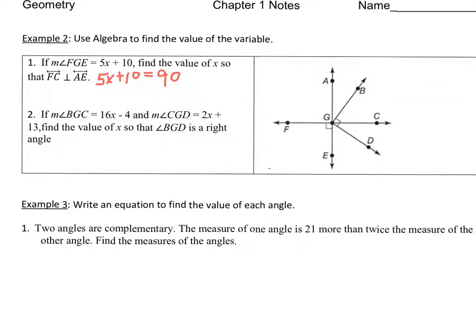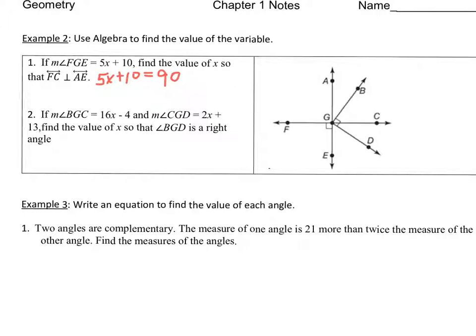Okay, so for number one here, on this page, we've got angle measure FGE is equal to 5x plus 10. Find the value of x so that line FC is perpendicular to line AE.